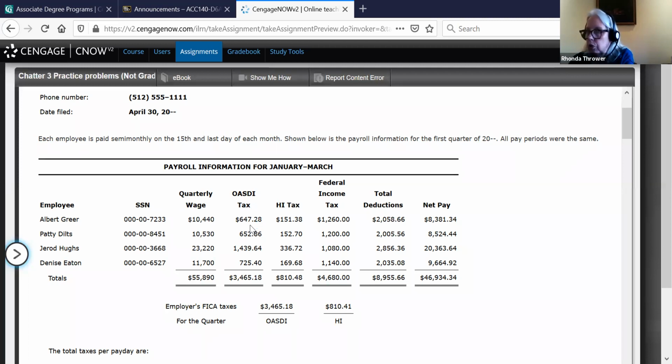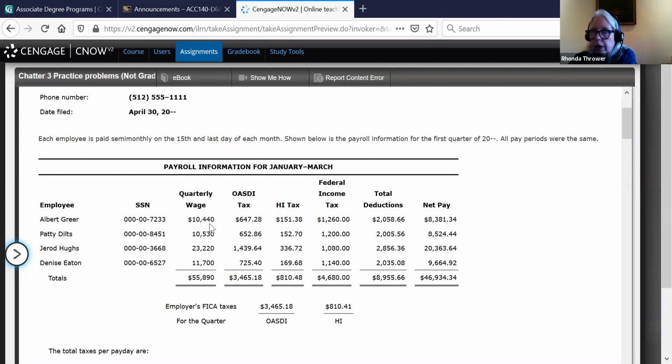In other words, they gave you the amount of tax. You don't have to worry about figuring it, but that amount is based on the quarterly wages. That's the total amount of OASDI tax that was withheld for Albert Greer for the entire quarter.